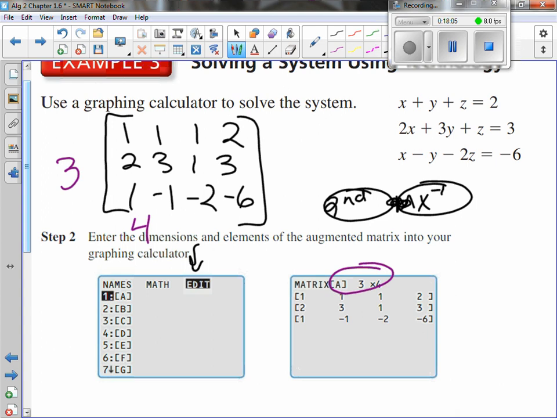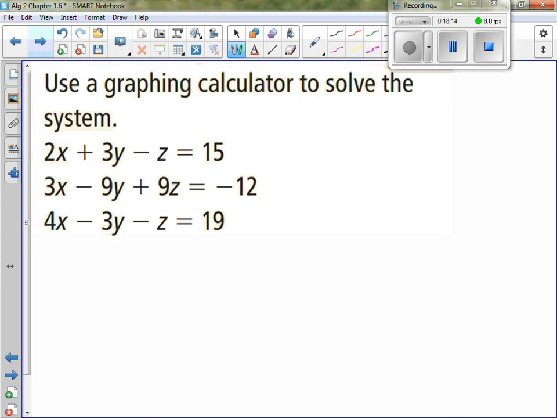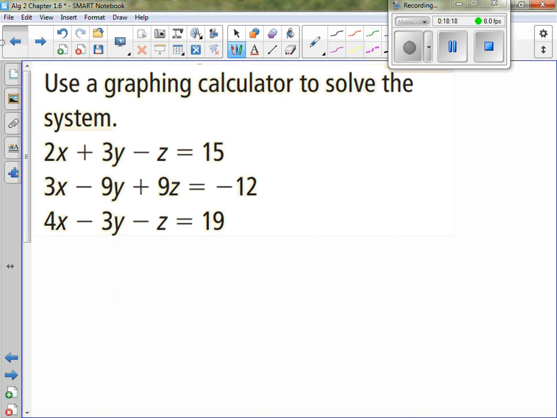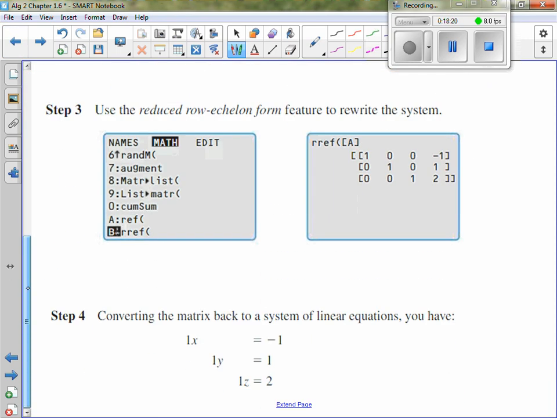Okay. Now once you get that typed in, and you should be back to a blank screen, you shouldn't see the matrix anymore. What you're going to do next is second matrix, what we did to call up the matrix this time, but instead of going to edit, scroll once to math.